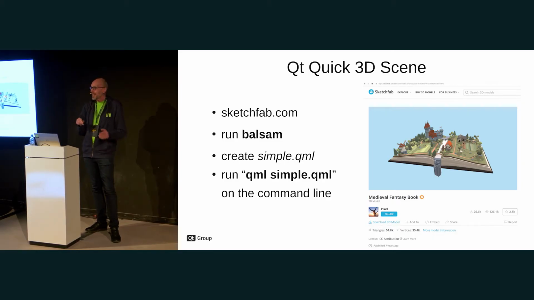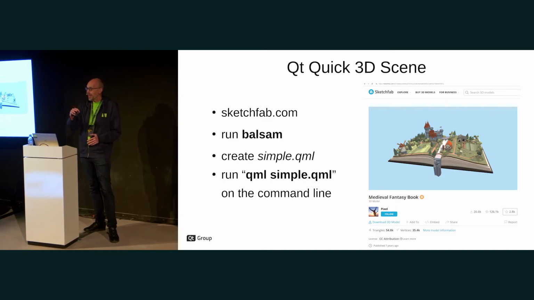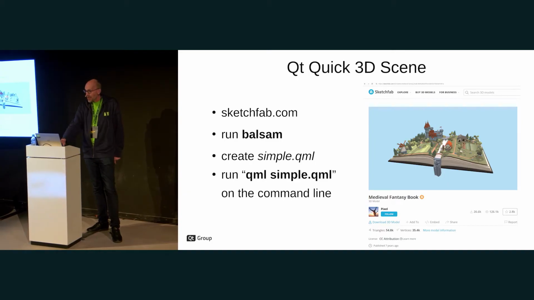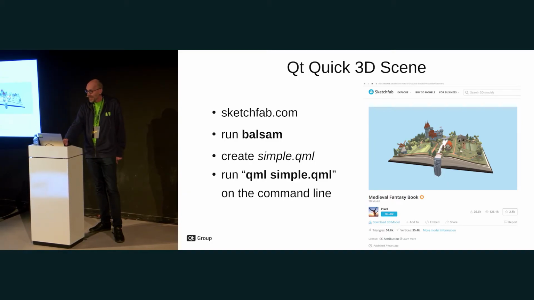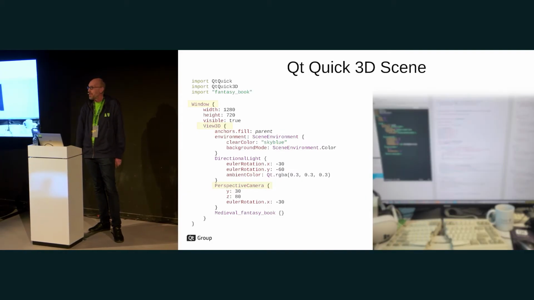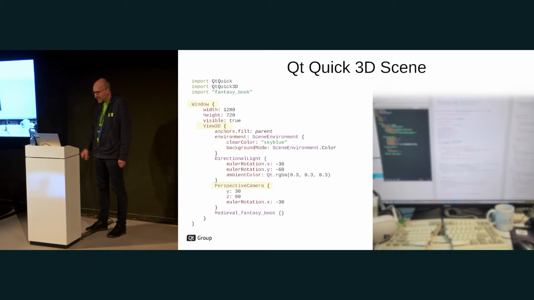Then we're going to make a short QML file. And once we have that, we can just use the QML tool that ships with Qt on the command line without compiling a single line of code and show you. So let me show you real quick. Pretend I'm typing this up now. Pardon the mess.